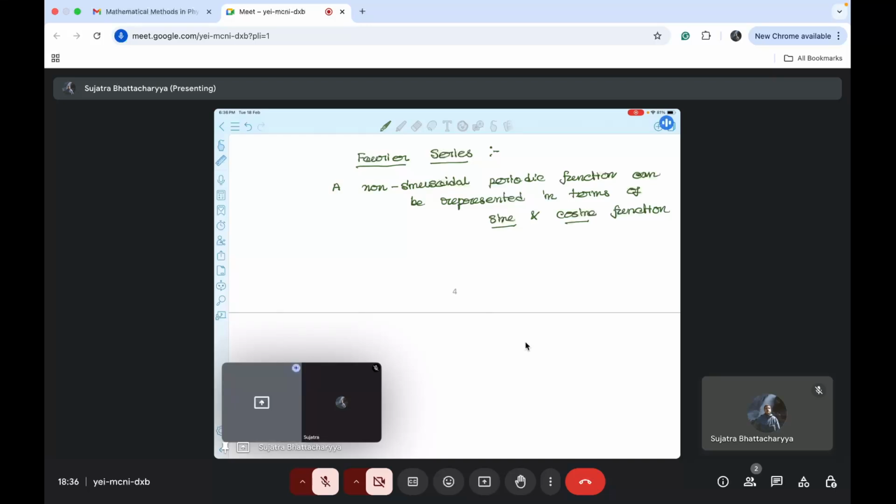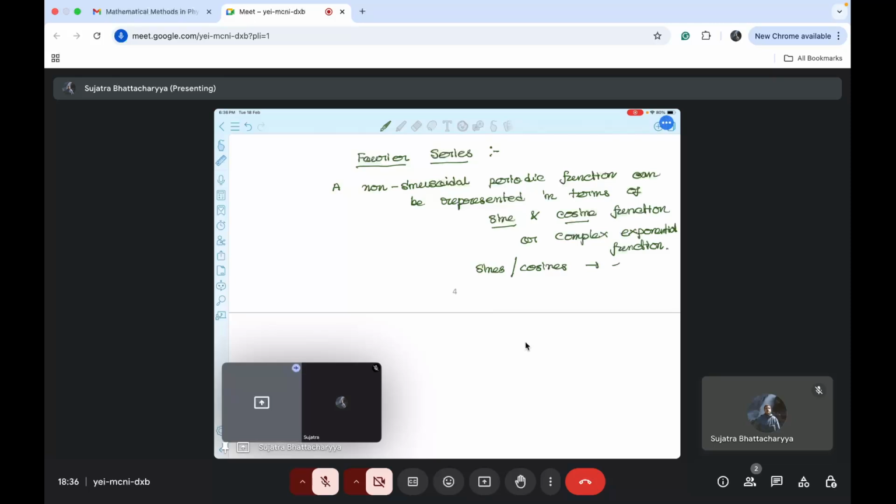It is easy for us if we can represent any non-sinusoidal periodic function in sine and cosine functions, or we will see a complex exponential function, because these are easy to represent and analyze.